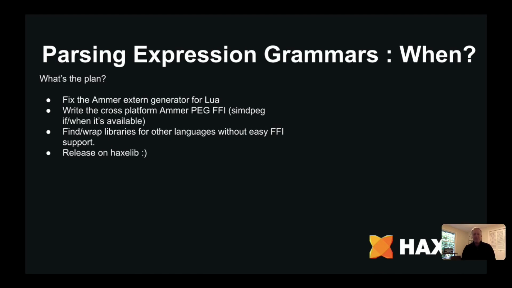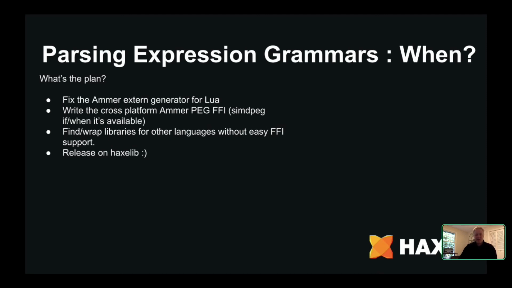For the targets that don't have FFI support, it still should be very easy to find other libraries. Especially for JavaScript, there are PEG implementations there, and you could probably just reuse those, and then put this on HaxeLib, of course. So that's the plan.